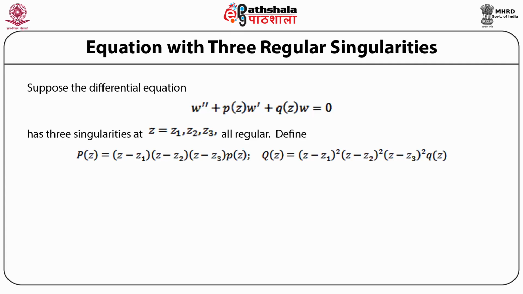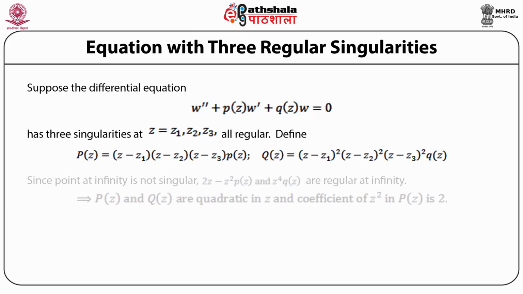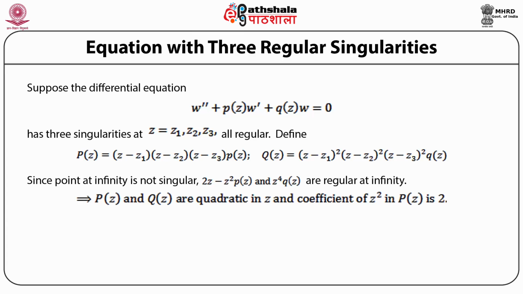These functions are integral functions. Since these are the only singularities, the point at infinity is not a singularity. Hence, 2z minus z square small p of z and z raised to power 4 small q of z are regular at infinity.